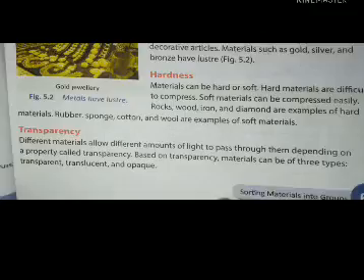The third type is called opaque, O-P-A-Q-U-E. These types of materials do not allow any light to pass through them. So they are absolutely non-transparent.